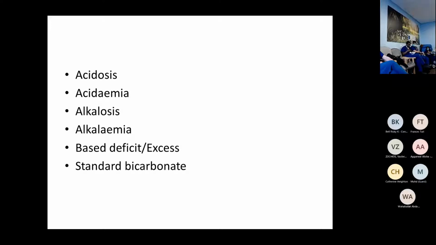Both standard bicarbonate and base deficit excess represent the metabolic components of any derangements. I don't really look at standard bicarbonate very much. If you've got a blood gas that says the base deficit is -10, for every litre of their extracellular fluid, you'd have to add 10 millimoles of bicarb in the presence of a normal PCO2 and normal temperature to get the pH back to 7.4. If it's an excess, you'd have to take it away. So it's simply representing the metabolic components.